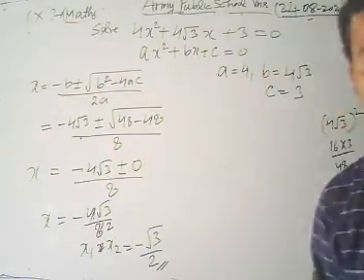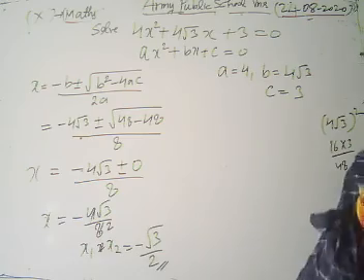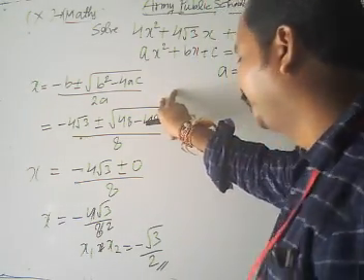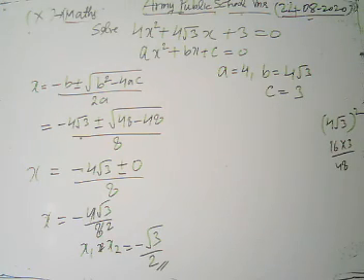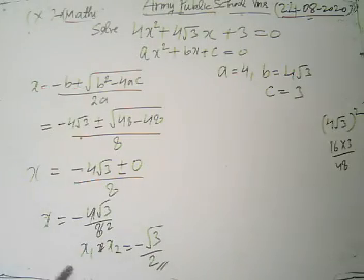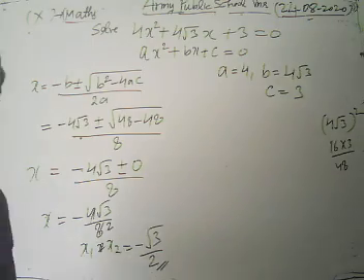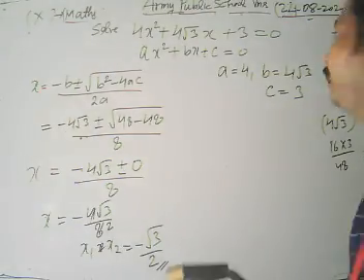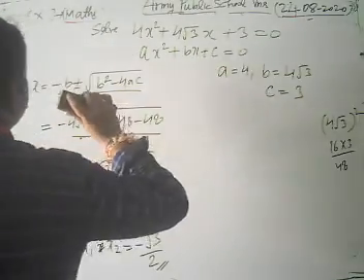Both roots are equal because the square root section is 0 here. It is a case of repeated roots. Both roots are the same, minus under root 3 by 2.